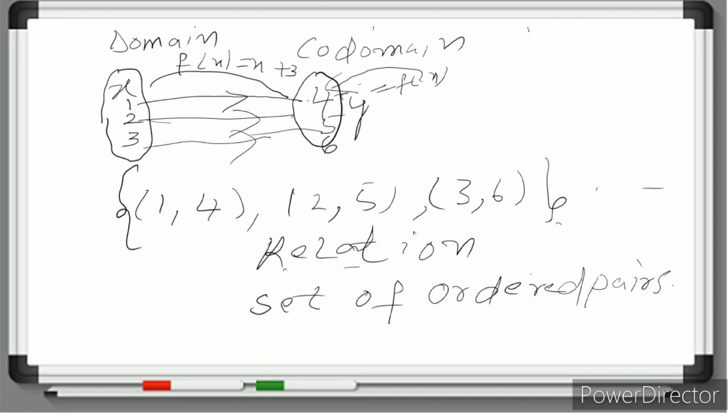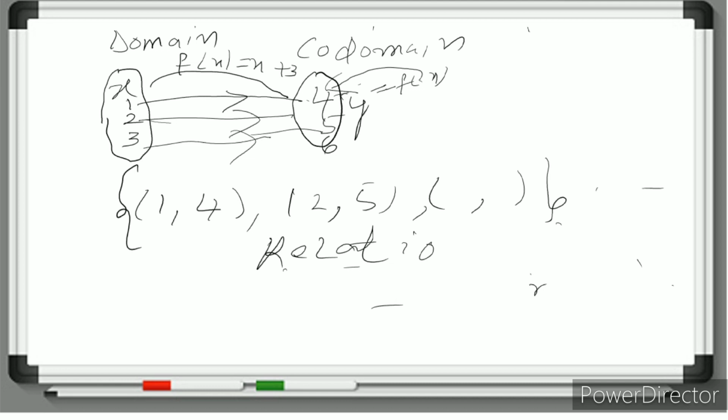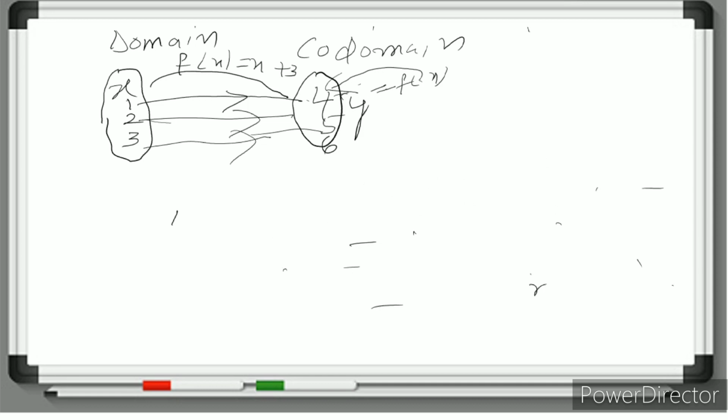Then what is the difference between relation and function? So why are you calling this relation a function? Now boys, see here, I will show you. I will draw a line, and I will take another set.